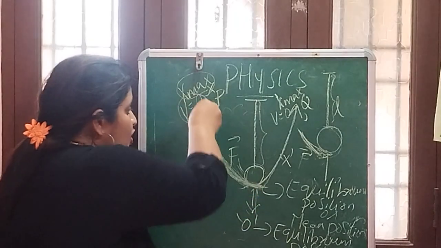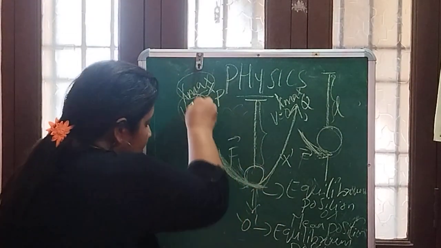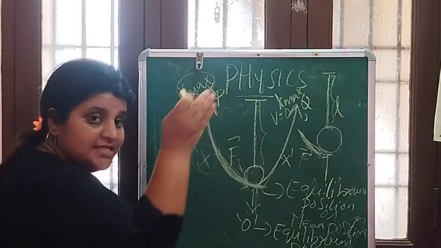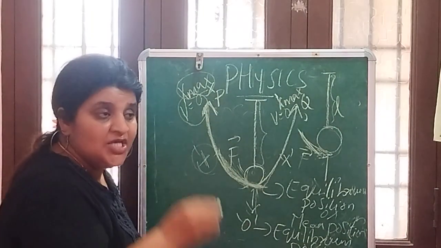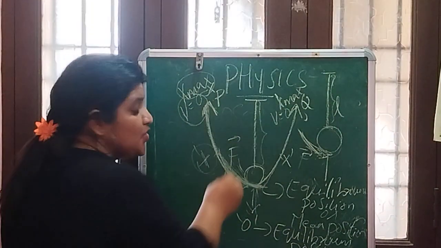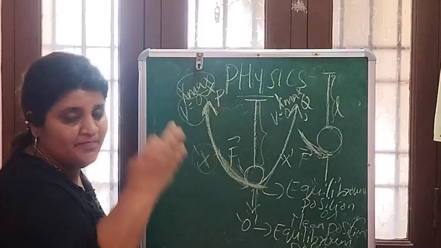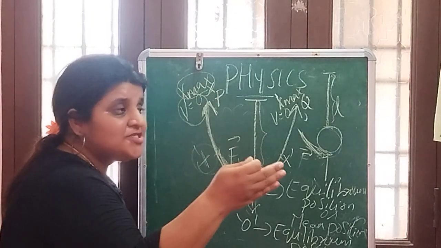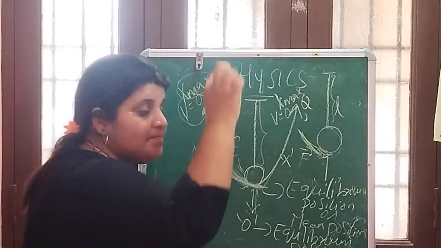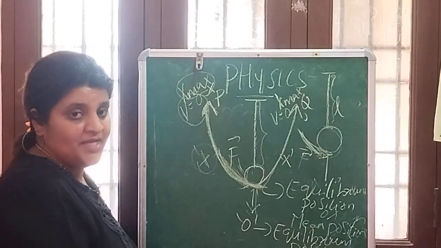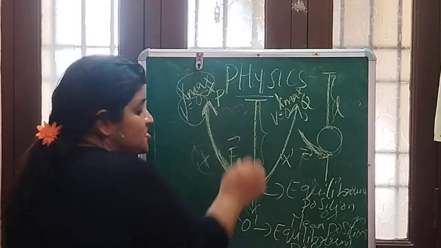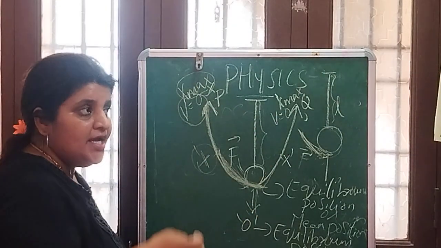At that point, the bob will come back to the equilibrium position by decreasing that displacement. So that's why we are calling P and Q the extreme positions, because at those positions the displacement of the bob will be maximum.